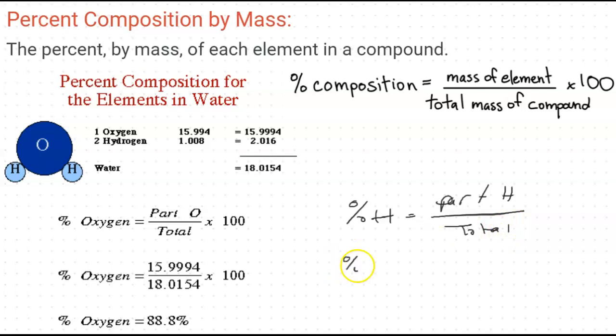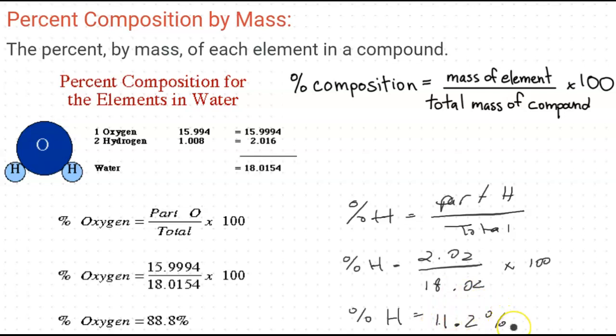So my percent hydrogen is going to be 2.02, I'm going to round it, divided by 18.02, and I'm going to take that times 100 when I get my answer. So my percent hydrogen for water is going to be 11.2% hydrogen.